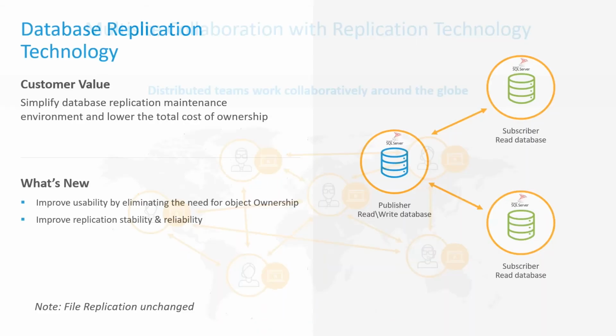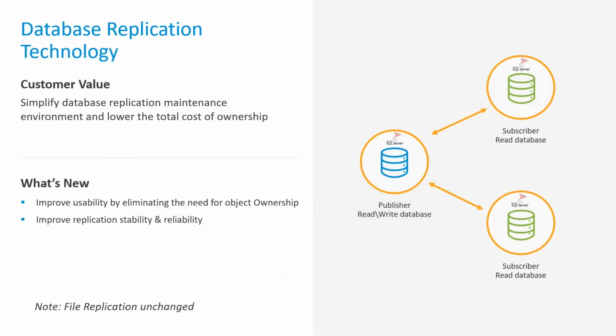However, there's always been this concept of ownership of the file. The ownership had to be transferred from the publisher to the subscriber, or maybe to other subscribers, depending on who was modifying that file. So it was an extra step involved, and sometimes if you didn't have permissions, you had to wait for an administrator to do it.